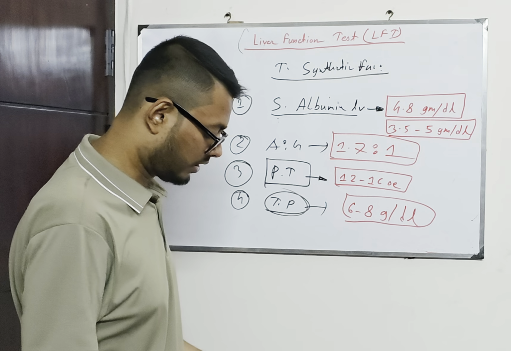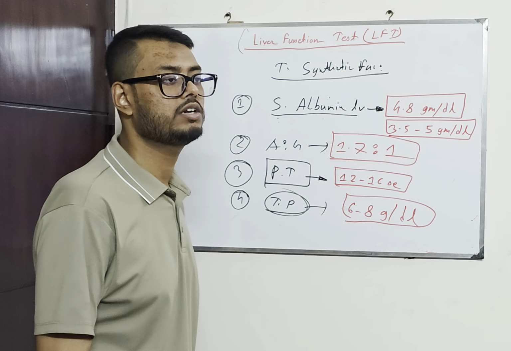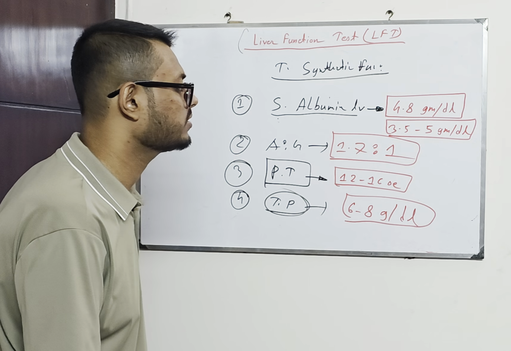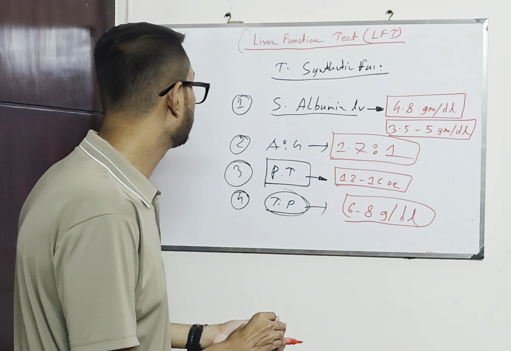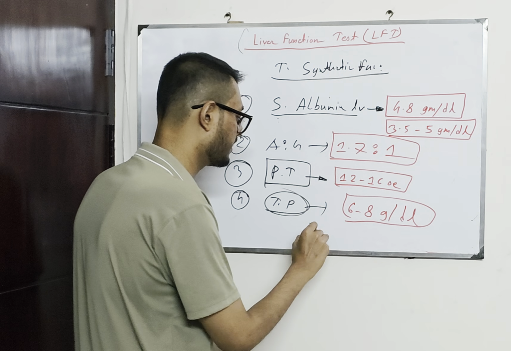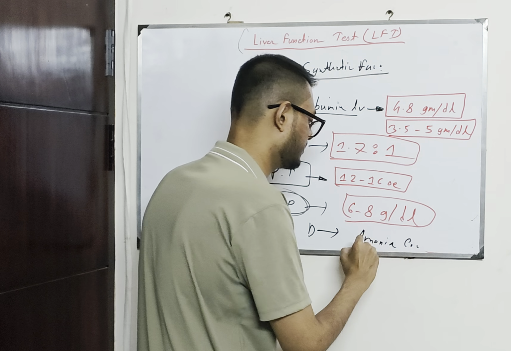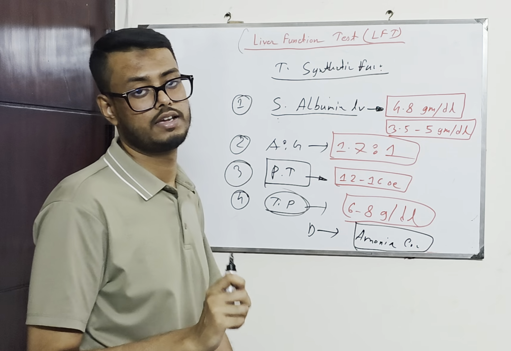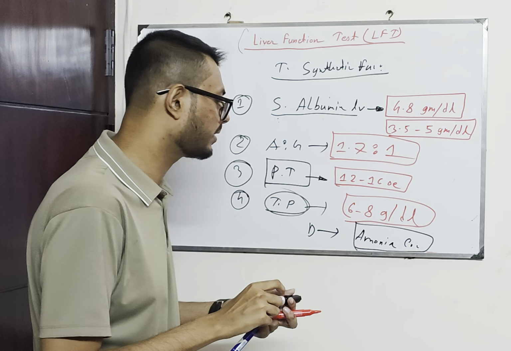And also we have said there is a test for detoxification function. In case of detoxification function, we can see serum ammonia concentration. And another thing that we have said is the viral marker. So what is the marker?